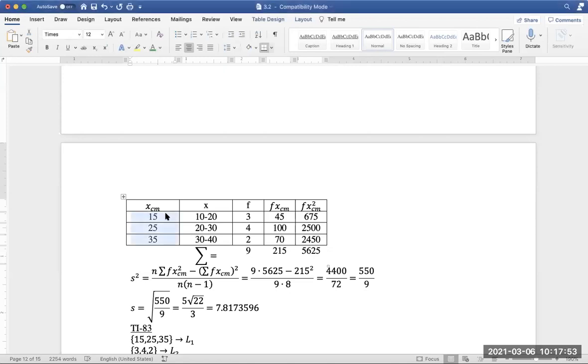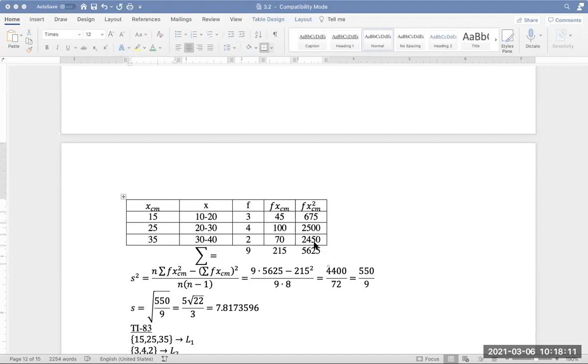So here are my class marks: 15, 25, and 35. Next, let's attach 2 additional columns, the f x sub cm column and the f x sub cm squared column.